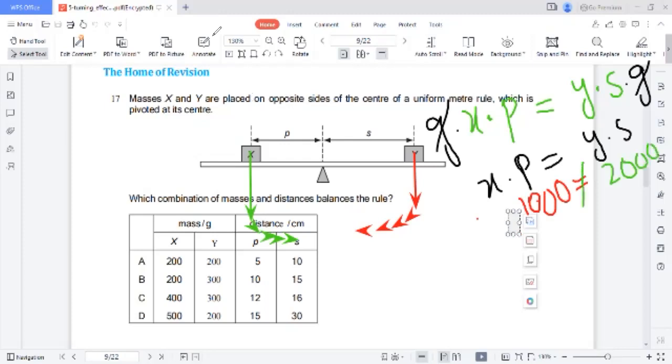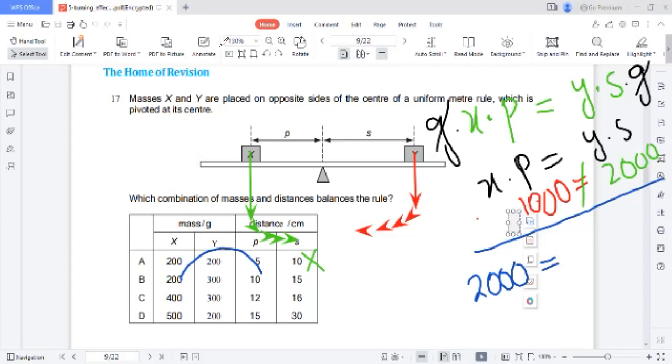So these are not balanced. So this option is not possible. Let's move to the second option. In the second option, X times P is 200 times 10, which is 2000.